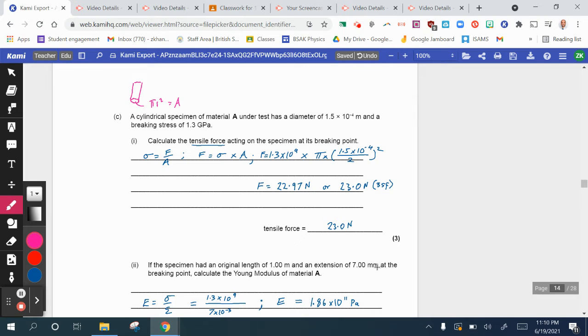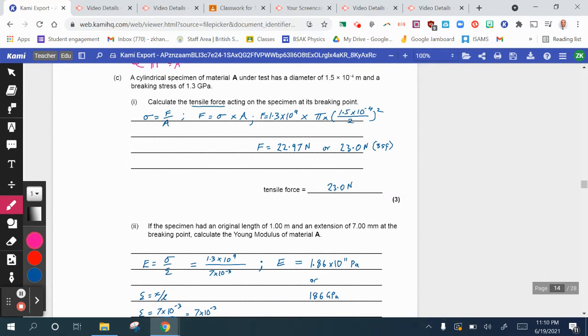So that's 1.3 gigapascals multiplied by the cross-sectional area, which is pi times the diameter halved and squared. And remember, it's gigapascals, so that's 10 to the 9 pascals. You have to expand that out. What we get as a force is 22.97 newtons, or to 3 significant figures, 23.0 newtons.